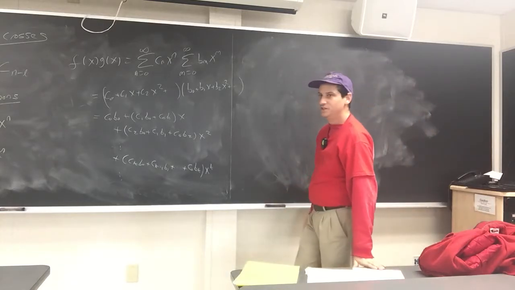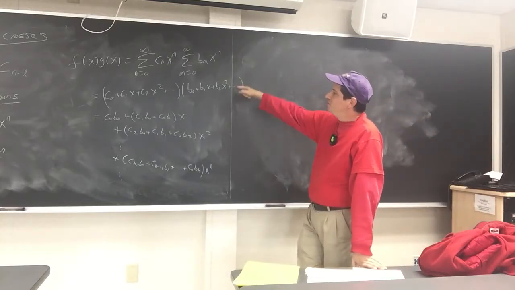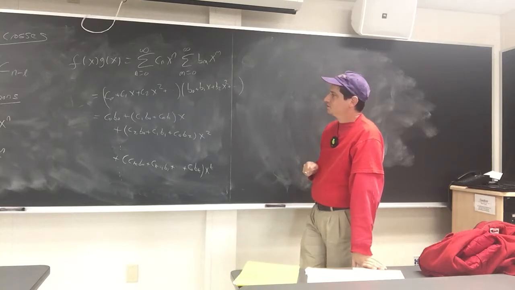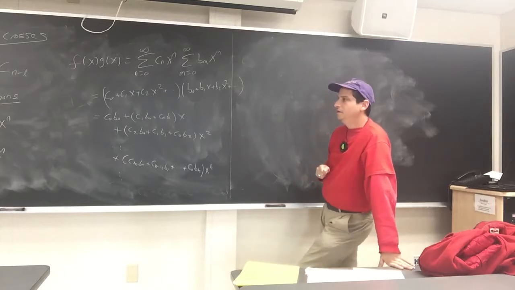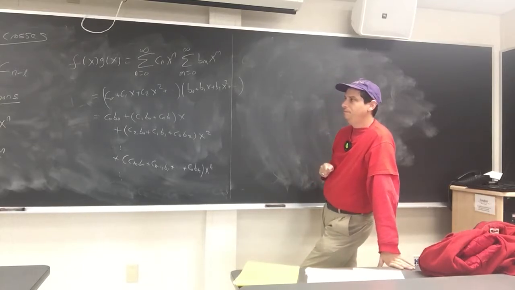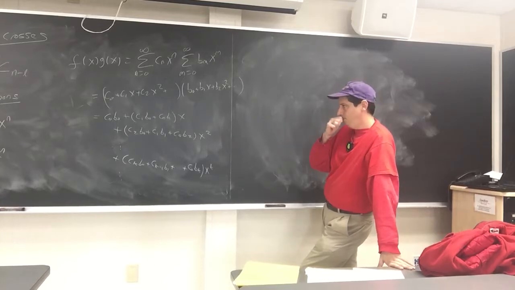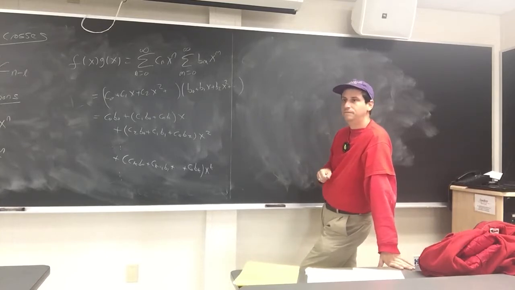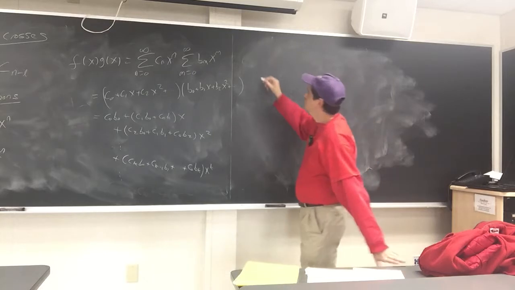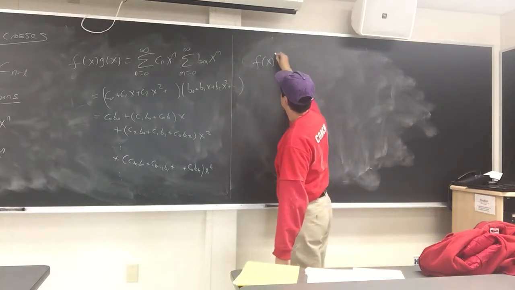But it'll be close. So what do you think we should take for our sequence of b's? Also the Catalan numbers. So let's look at f of x squared.